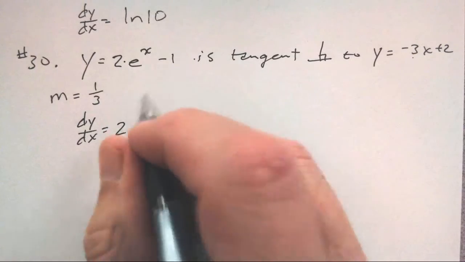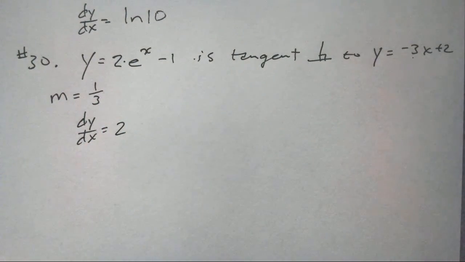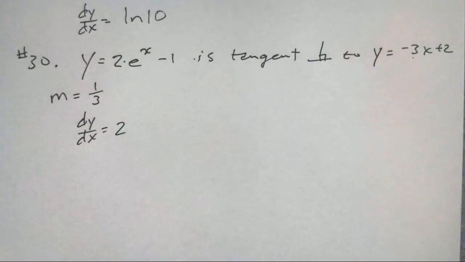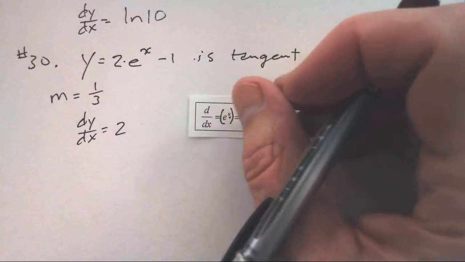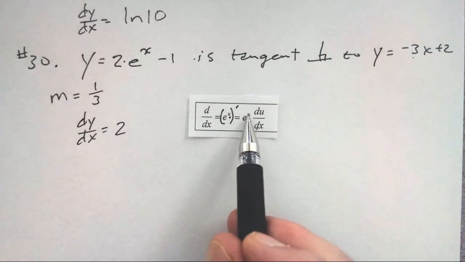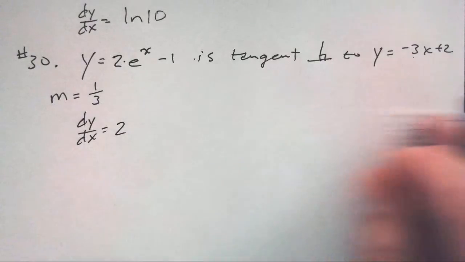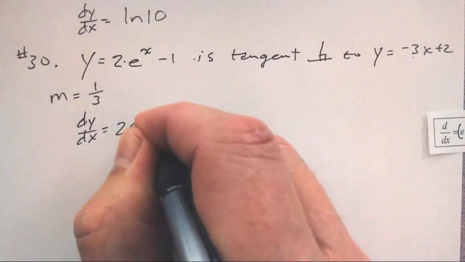So this is going to be 2 times the derivative of e to the x. Hopefully we're recalling that one because that's our favorite derivative out there. 2e to the x. The derivative of e to the x is e to the x times dx/dx, but dx/dx is 1, so it's just e to the x.